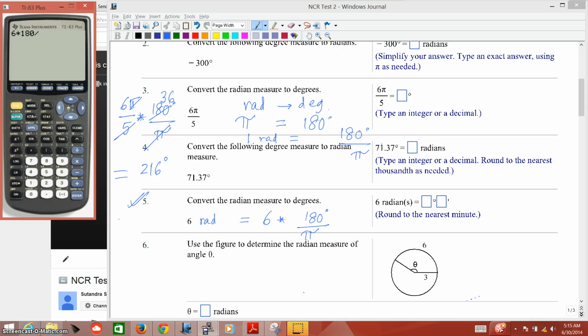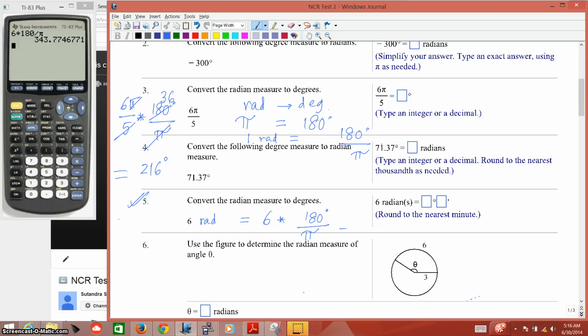I take the calculator value of pi, not the rounded off number of 3.14, and my final answer comes out to be 343.77 some number. Okay, but in my question it asks you to round to the nearest minute. So I need to convert this in terms of degrees and minutes.